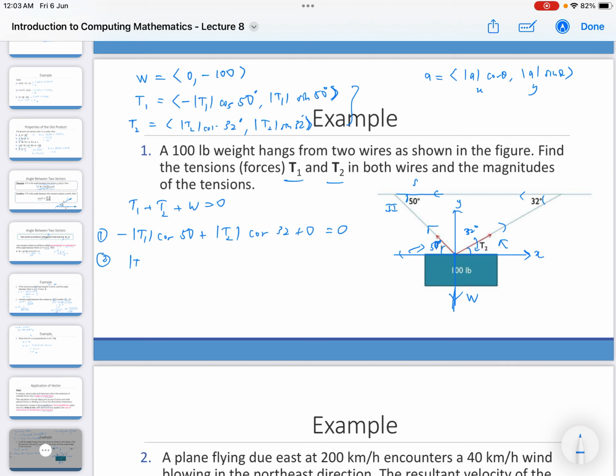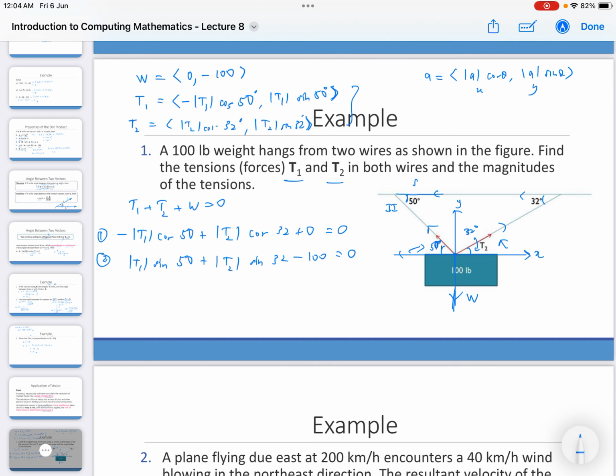We have norm of T1 sin 50 plus norm of T2 sin 32, and then minus 100 equals 0. Basically, these are two equations that we can solve simultaneously. So I leave it to you to solve it.